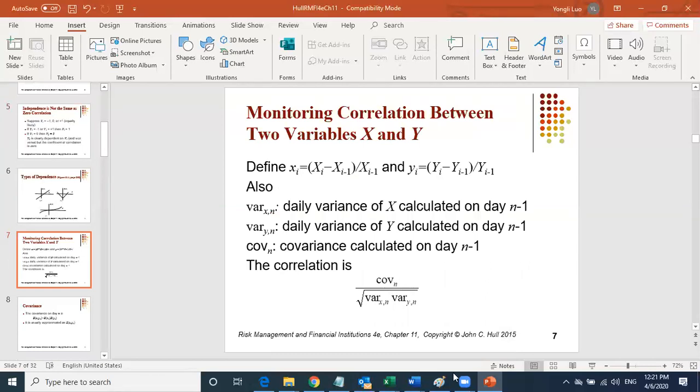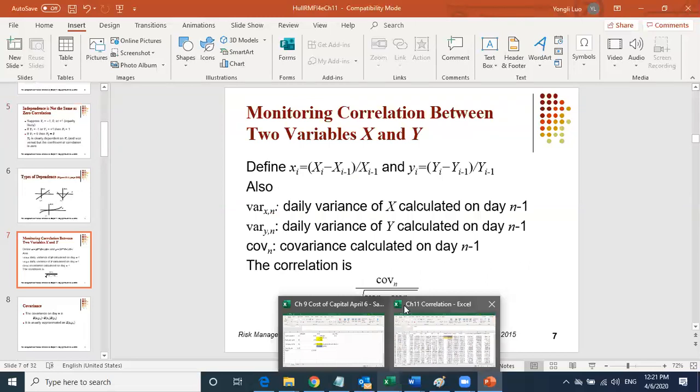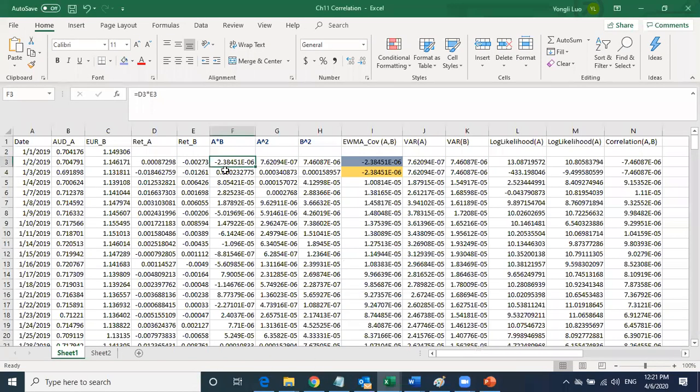The covariance is just the return of A times the return of B. Click on that.